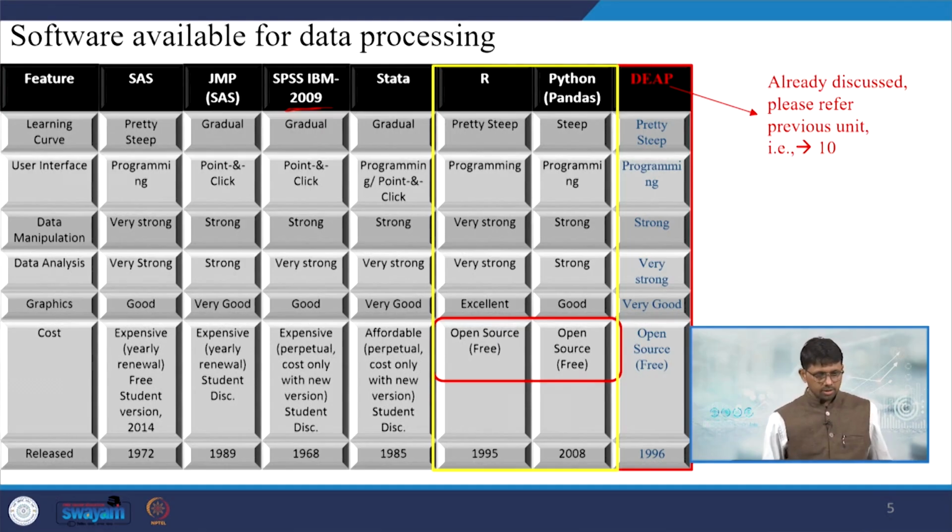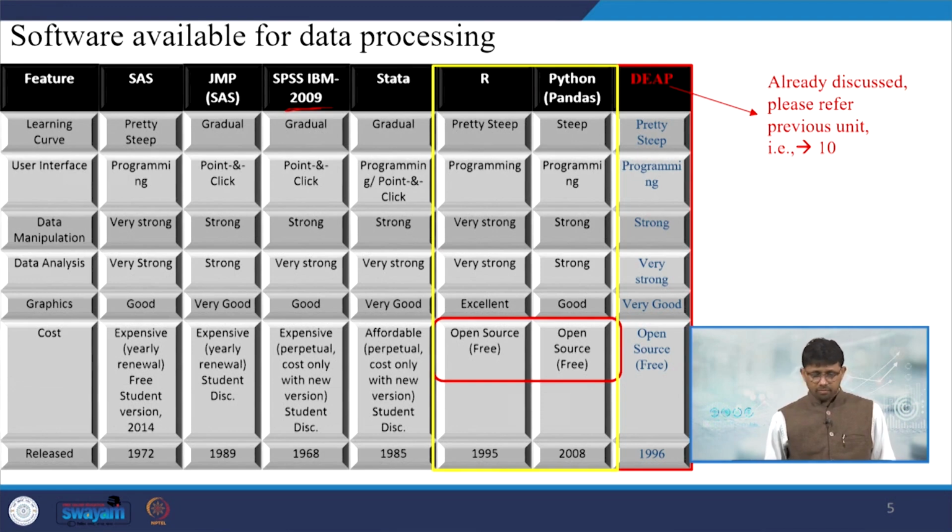Okay, so if you compare all these together on the basis of learning curve, user interface, data manipulation, data analysis, graphics, and cost effectiveness, the special advantage of these is that these are free software. These three are R, Python and DEEP.